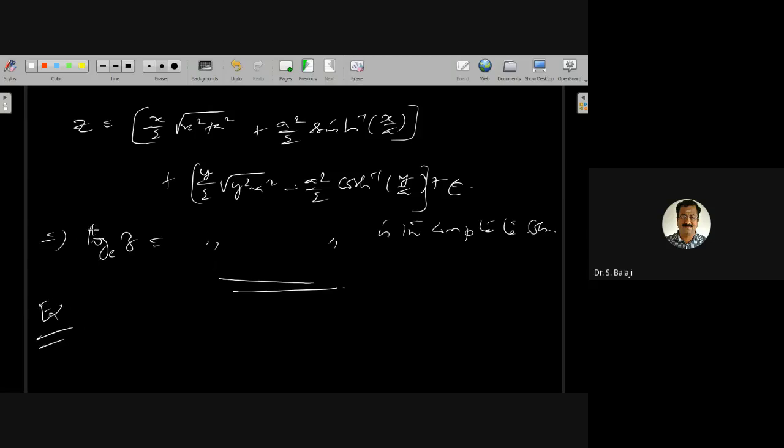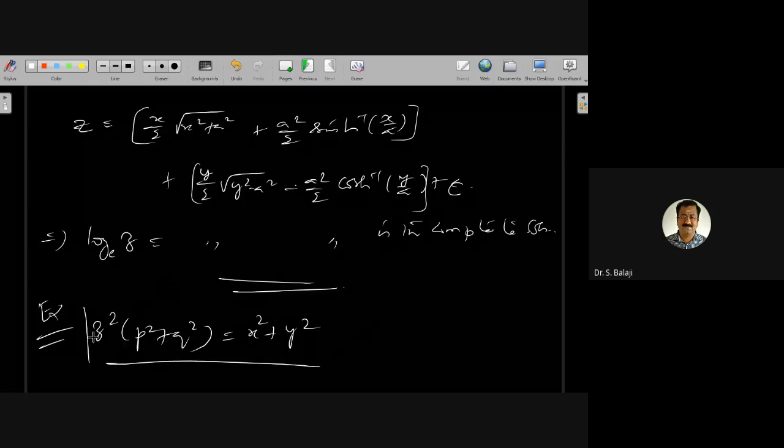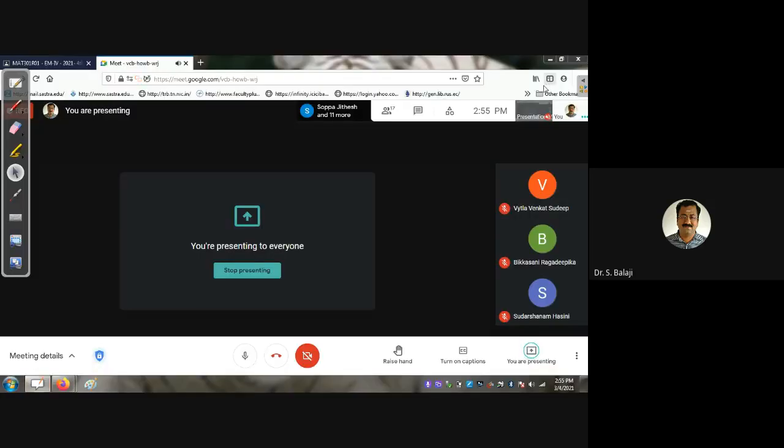Similarly, one problem for your exercise: z square into p square plus q square equal to x square plus y square. The same procedure as the previous problem.